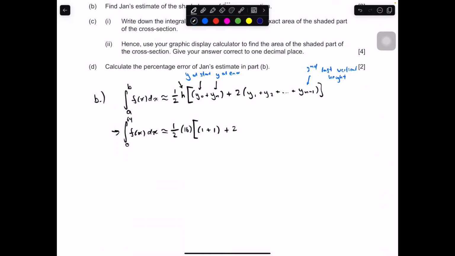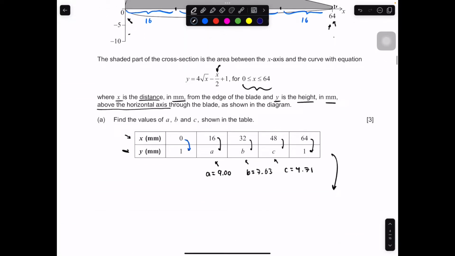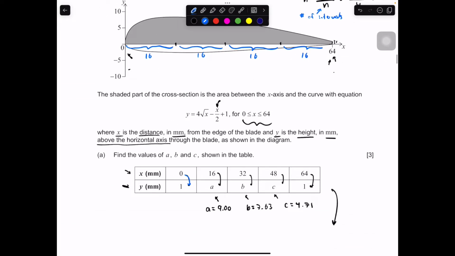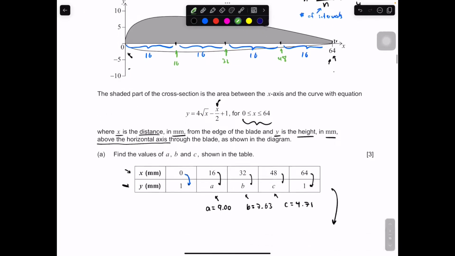Plus 2 times, and these are all of the intermediate heights. These are the intermediate values for the heights at these given positions. So y1, they asked us to find this earlier. So when we're at the value of 16, what's the value? When we're at the value of 16, what is our height? When we're at 32, what's the height? And when we're at 48, what is the height of the trapezoid?